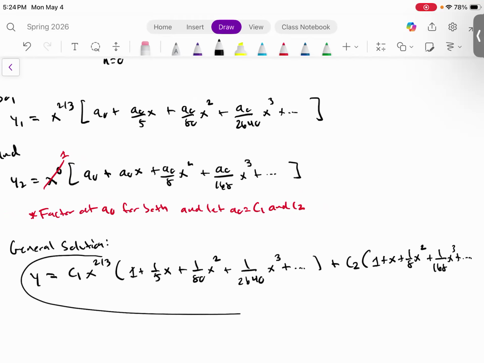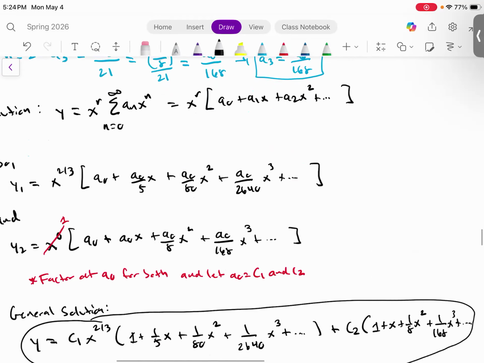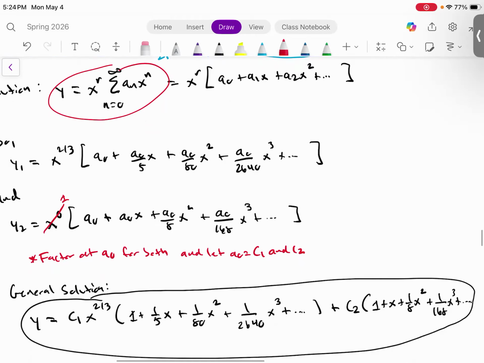And that's my solution. I have my two power series of this form. Two of them, both linearly independent, and that's my answer.